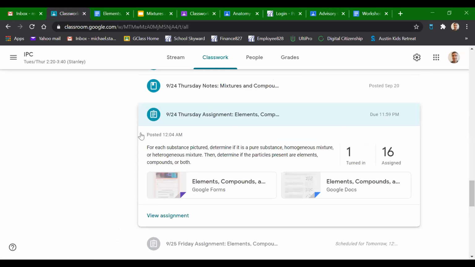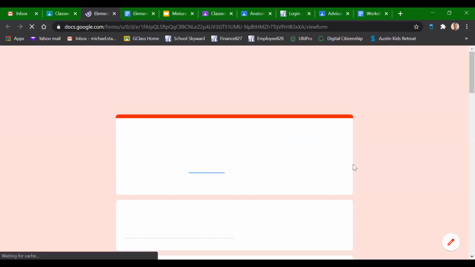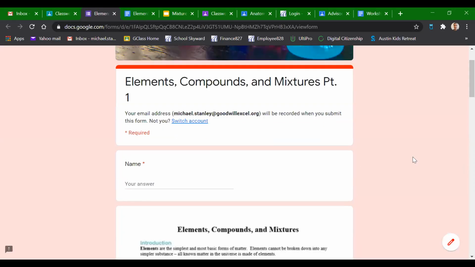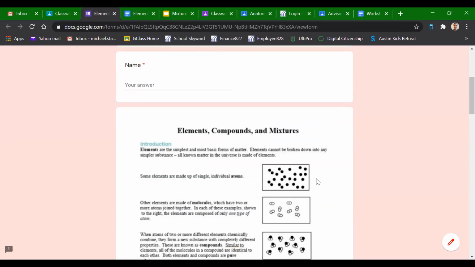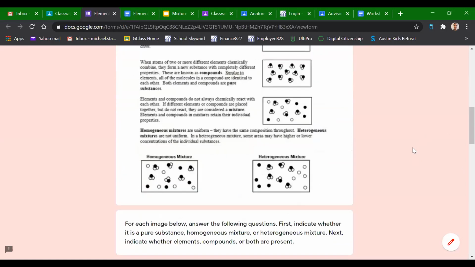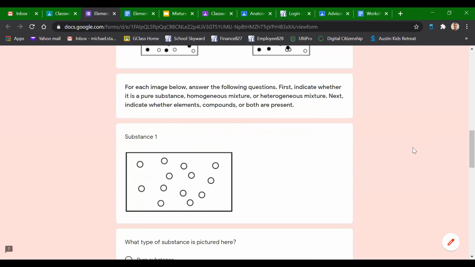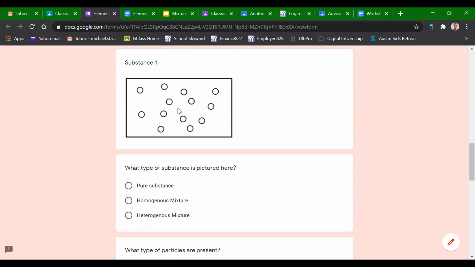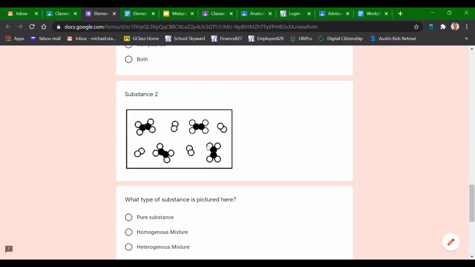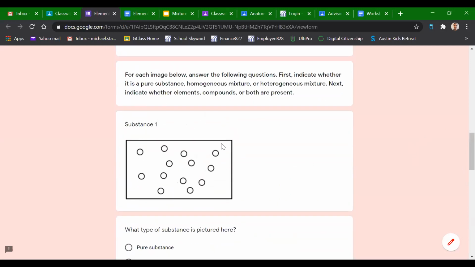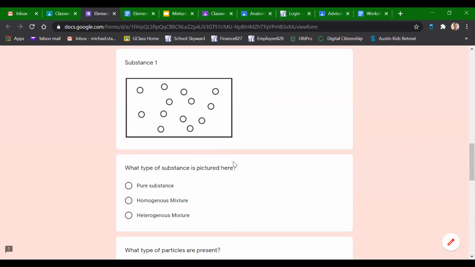If you want to do it on the Google form, it's actually a little bit easier over there. It's the exact same information, the exact same notes, and the exact same pictures and questions. So we still have the same pictures as we did on the doc, but instead of writing it in, you can just pick which type of substance is present.